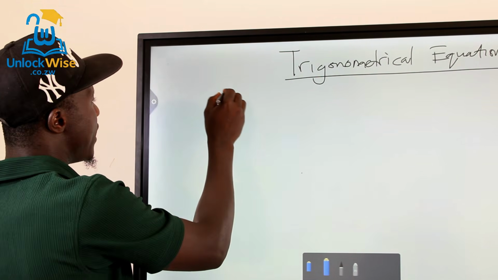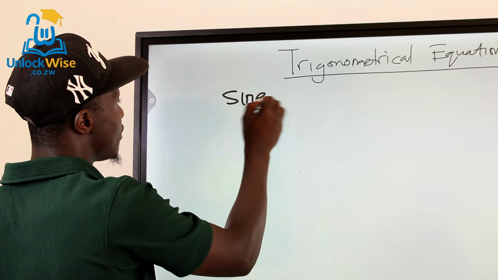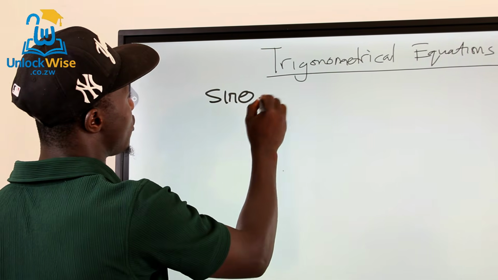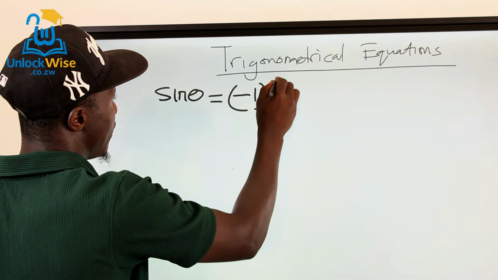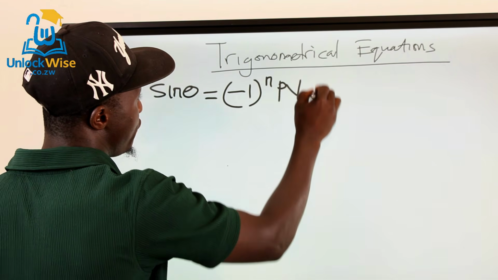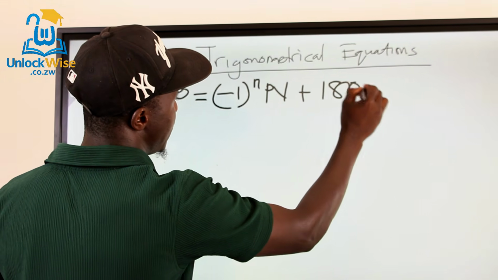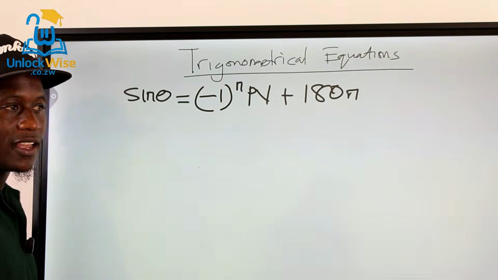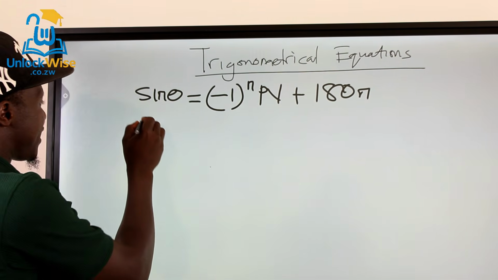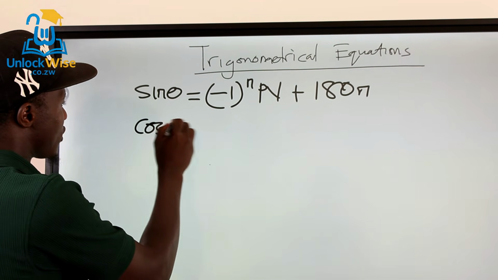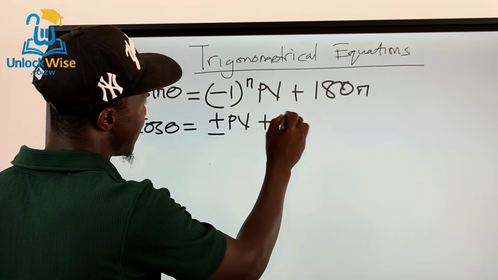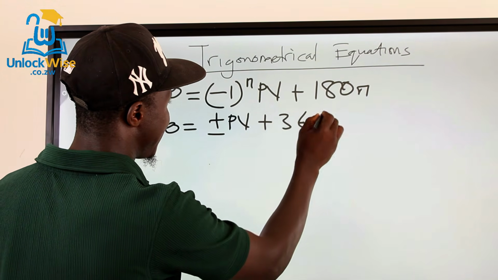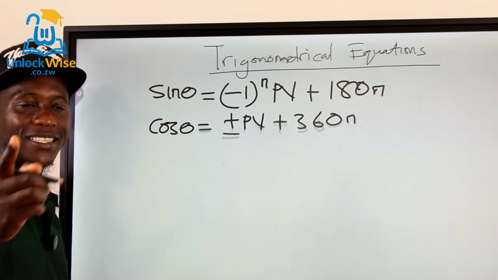When we are dealing with sine theta, this is equal to (-1)^n PV + 180n. Next, we'll be looking at cos theta. Cos theta is equal to plus or minus PV + 360n.